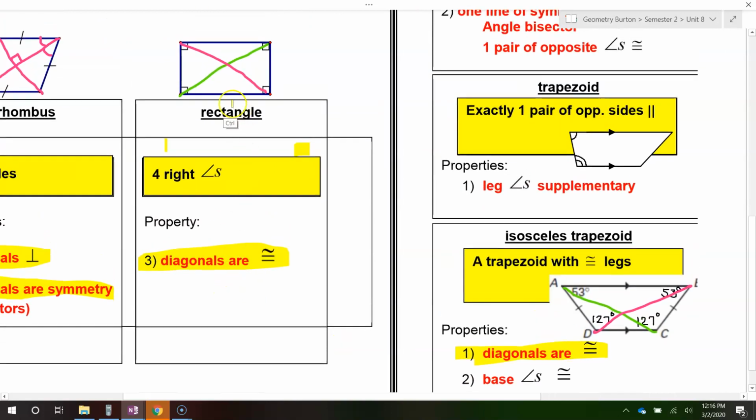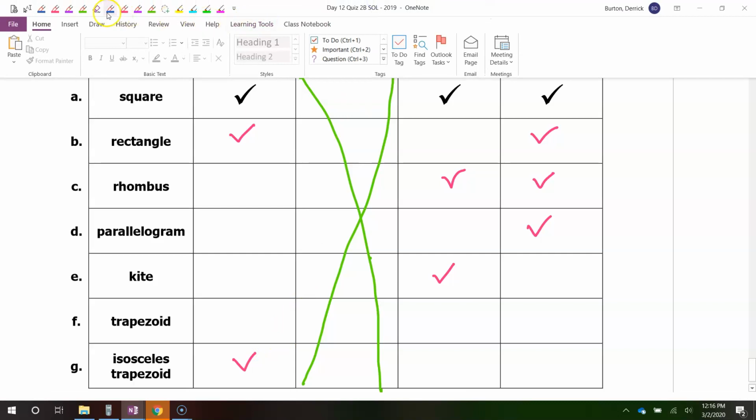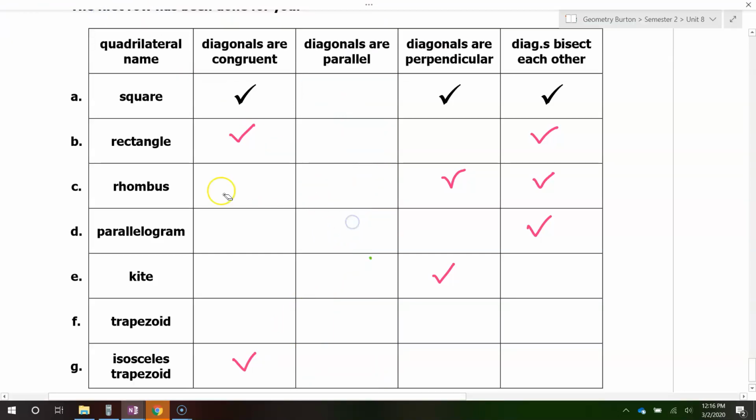That's true for a rectangle, and it's also true for an isosceles trapezoid. Diagonals are congruent. But that's it. Trapezoid had nothing. Isosceles trapezoid, the diagonals are congruent. I'm going to erase this giant X here. So that's how we can sort of classify the properties of the 7 special quadrilaterals.